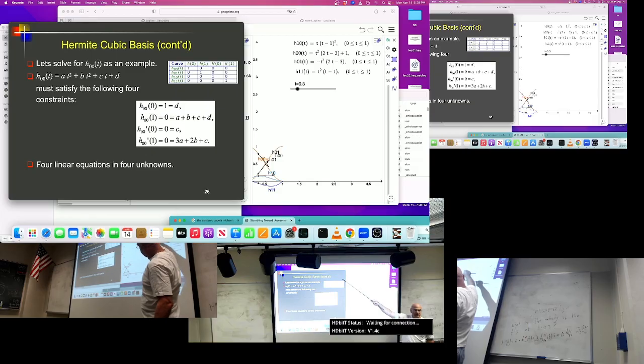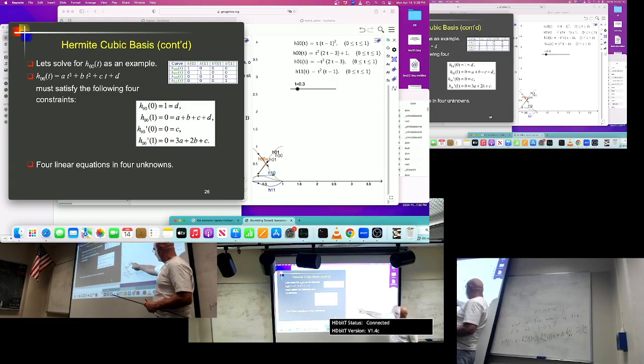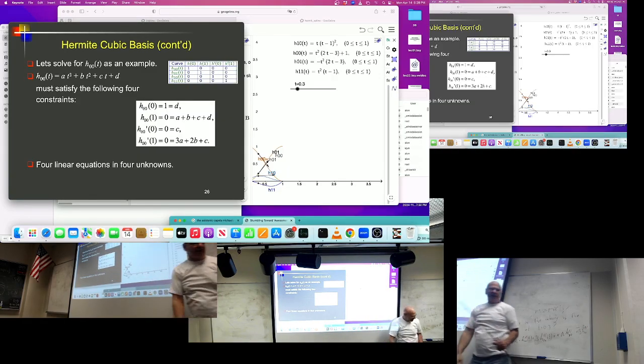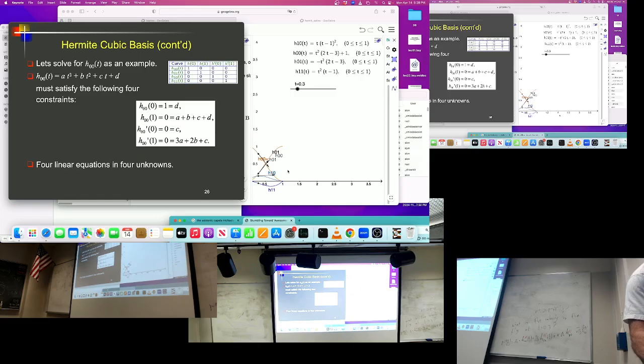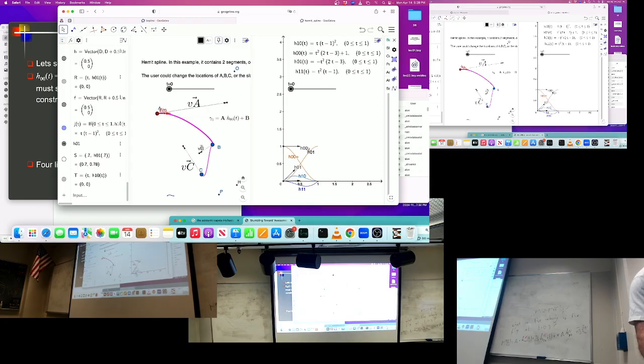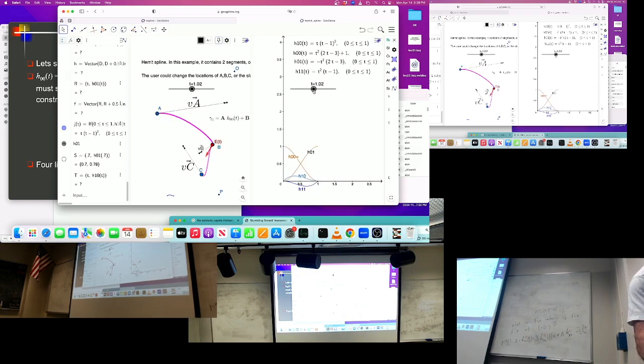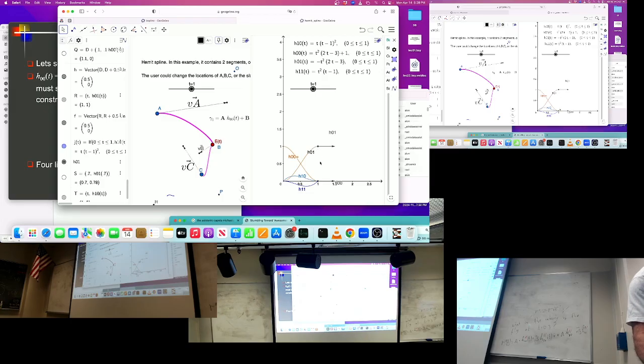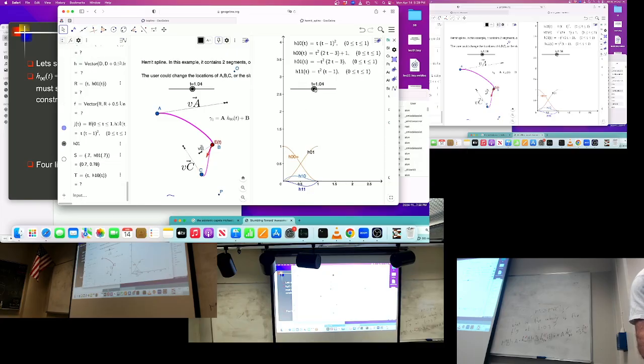Its derivatives should be 0 both at the beginning and at the end. I showed you this graph. It starts at t equals 0 when it's flat, doesn't add anything, and at t equal 1, it ends again when it's flat. Derivative is 0.